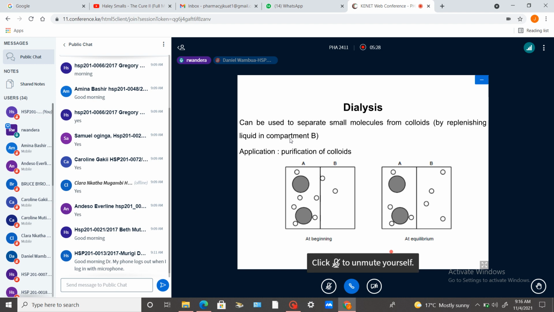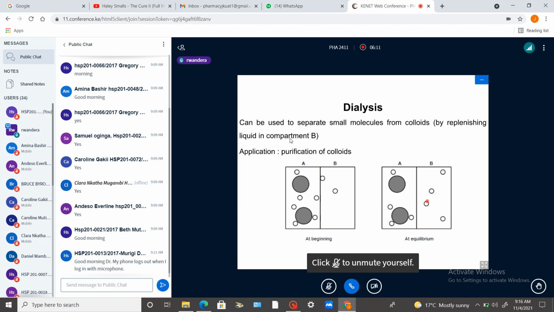So at equilibrium, you'll find that you tend to remain with the colloidal molecules on one side, while the small ions will be equally distributed across the two compartments. So when you keep on replenishing the liquid in compartment B, so that you maintain a concentration gradient, you'll finally end up with your colloids in compartment A. Remember, the small ions will only dialyze when there is a concentration gradient.